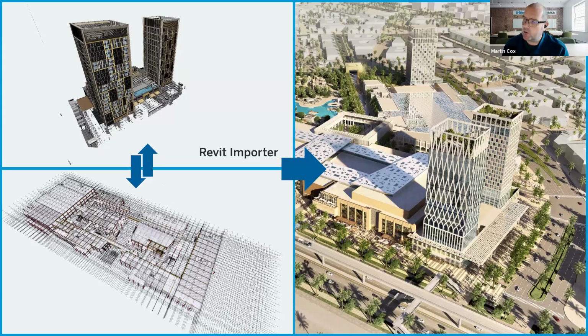So they used the Revit importer to import the Revit model into SketchUp. And when they use that in SketchUp, they can then visualize that and show that. So here they took the Revit model, imported it into SketchUp using the Revit importer, which took seconds.